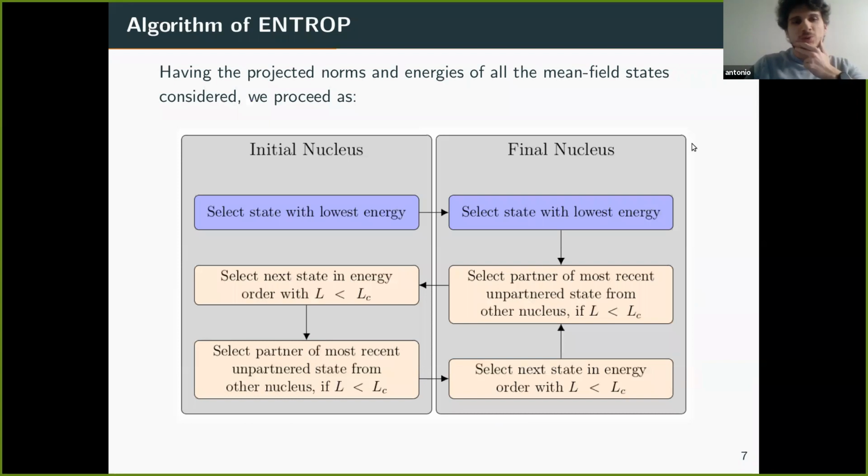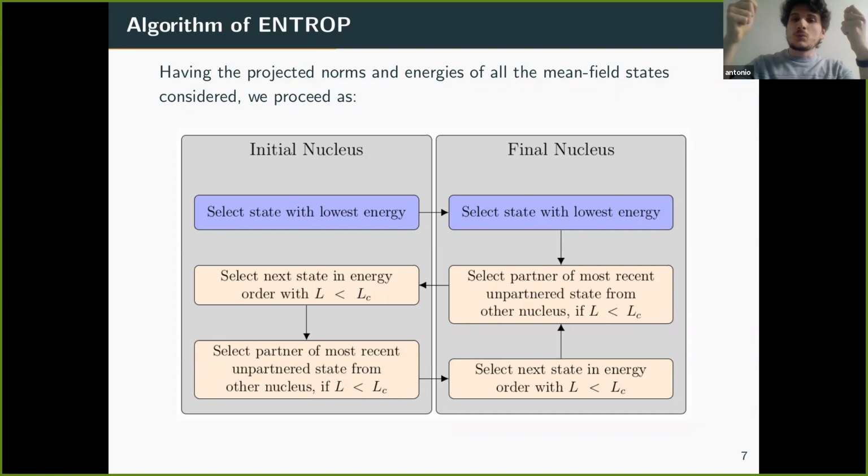So, okay, what's the algorithm of this method? What does this method do? First of all, we need a set of mean field states, and we need all the energies and all the norms in order to compute the overlap, and also because we want the states with energy near the minimum. We have a set of selected states in the initial nucleus and in the final nucleus. This is empty. Now we're going to take as the first state the one with the lowest energy, both in the initial nucleus and in the final nucleus.